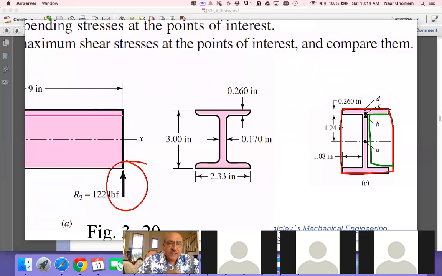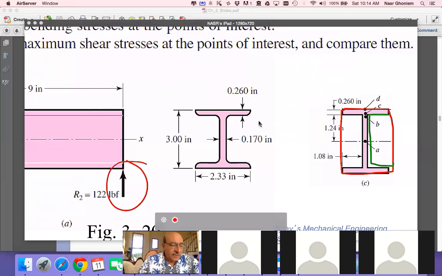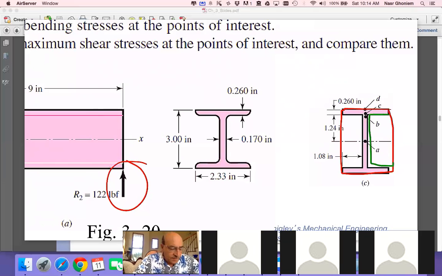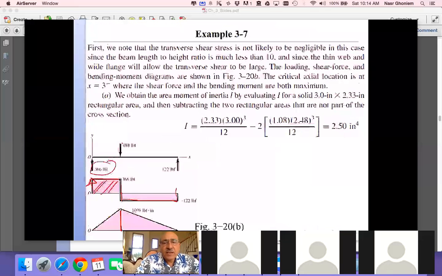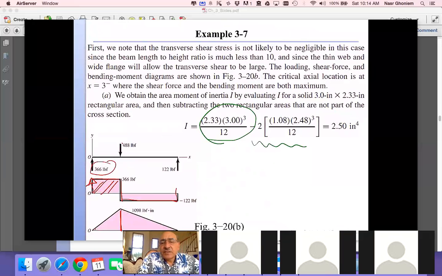So the subtraction idea gives us the second moment of area, and the second moment of area is BH cubed over 12 for the big rectangle, minus twice the second moment of area of the two smaller rectangles. So we have now prepared the foundations to do both the bending, the axial stress calculation, and also the shear stress. So let's see how this happens.